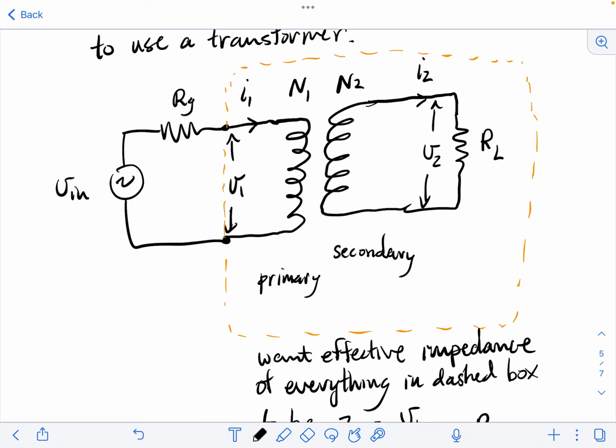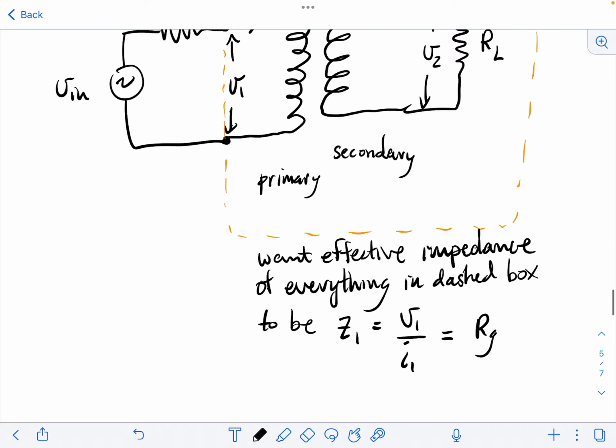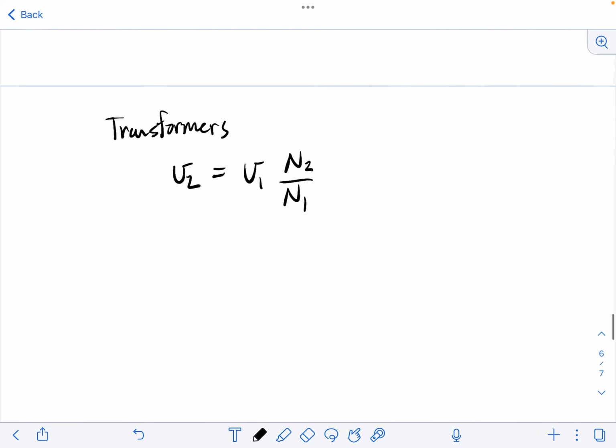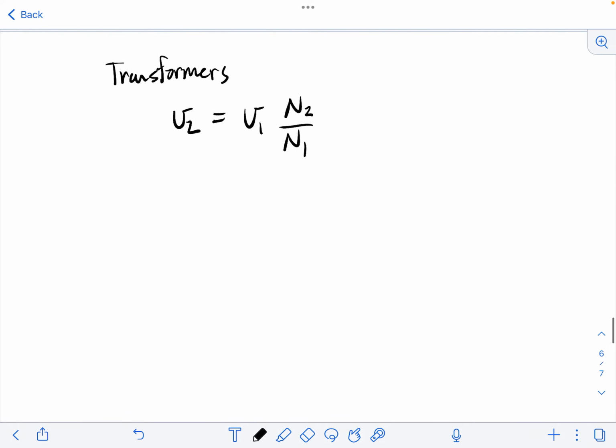So you would make your N2 turns much less than N1 in order to step that voltage down. In addition, you're going to charge your phone with a DC voltage and what comes out of the wall is AC, so you would also have some kind of rectifier circuit to turn the AC oscillating voltage into a DC constant voltage.